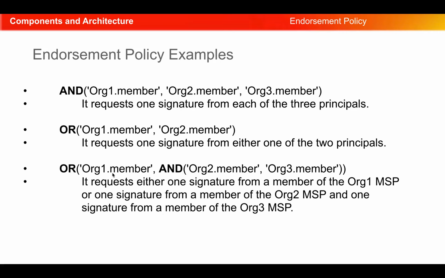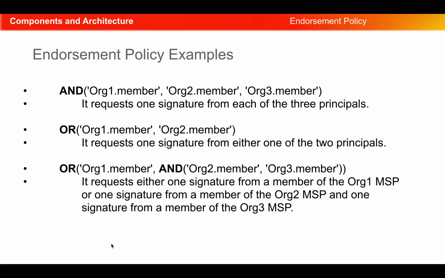So for this transaction to be valid, the org2 member and the org3 member both have to endorse, or else the org1 member alone should turn true in order for this transaction to be valid. This is how you are going to read the endorsement policies.